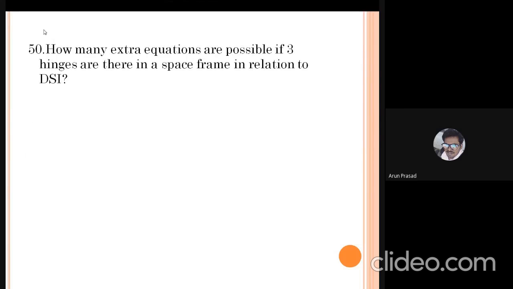So now another question. How many extra equations are possible if 3 hinges are there in a space frame in relation to degree of static indeterminacy? In the previous question we had a plane frame, but here we have a space frame.